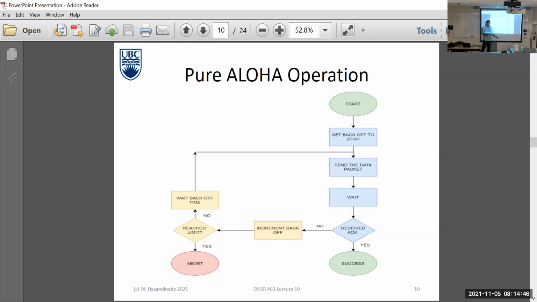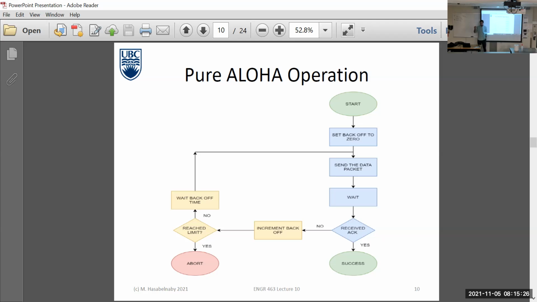Received acknowledgement? Yes. So your process is successful. Your packet is received. What if I didn't receive acknowledgement? No. This means that we have a problem here. We have a collision. So I will increment my backoff as I will need to retransmit. Can the collision be on the acknowledgement message as well? Yes, as we have two-way communication.